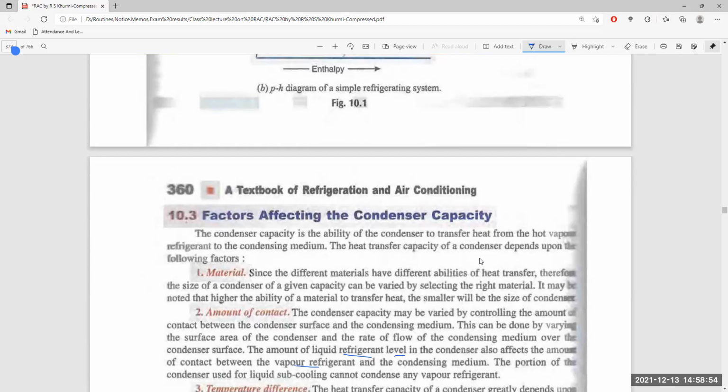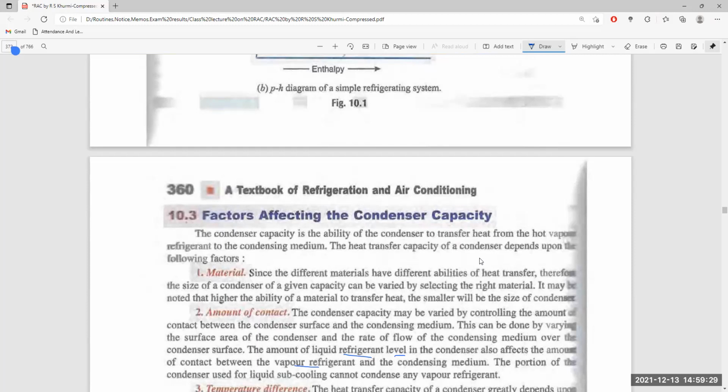The portion of the condenser used for subcooling cannot condense any vapor refrigerant. So the portion left for subcooling, cooling below the saturation line, should improve the refrigerant to a considerable level, but it does not condense any vapor refrigerant because it is already condensed. So what is important is the surface area exposed by the condenser for heat transfer, the rate of heat flow, and the amount of heat displacement.